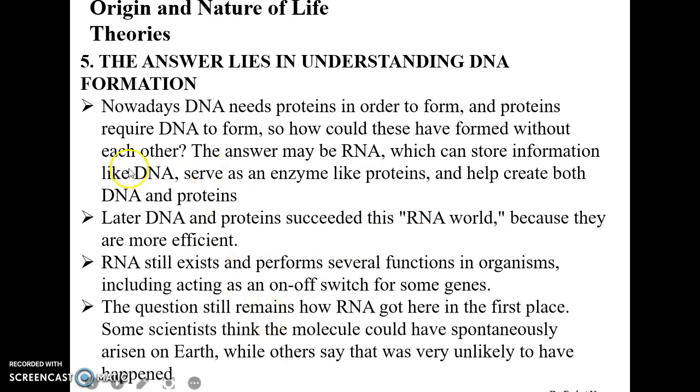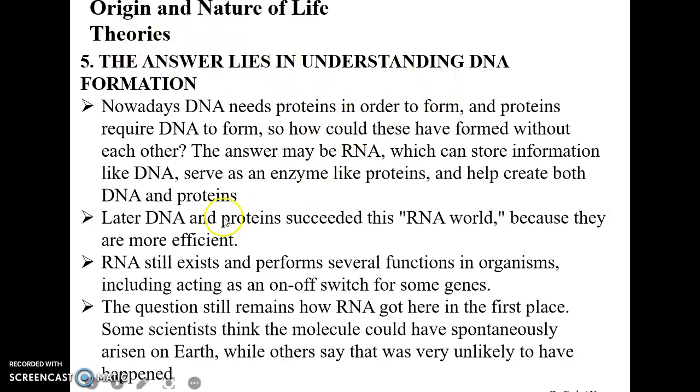Next theory is that the answer lies in understanding DNA formation. Nowadays we know that DNA is needed for the synthesis of proteins, and proteins are needed for the synthesis of DNA. Then how could these form without each other? The answer may be in the RNA, which can store information like DNA and can also serve as an enzyme.